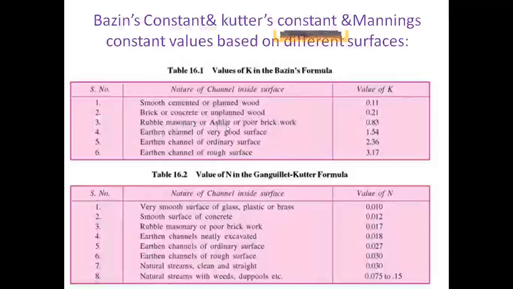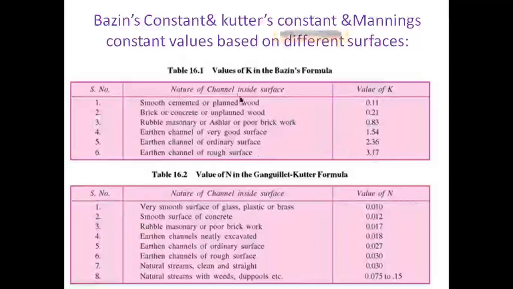Rubble masonry or ashlar or poor brickwork, 0.83. Earth channel with very good surface, 1.54. Earth channel with ordinary surface, 2.36. Earth channel with rough surface, 3.17.